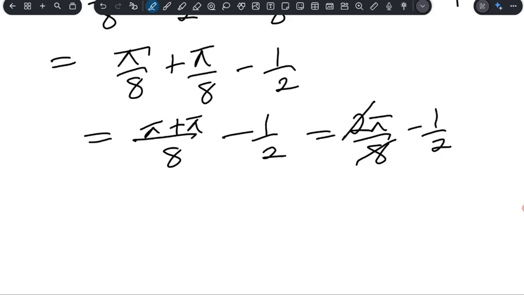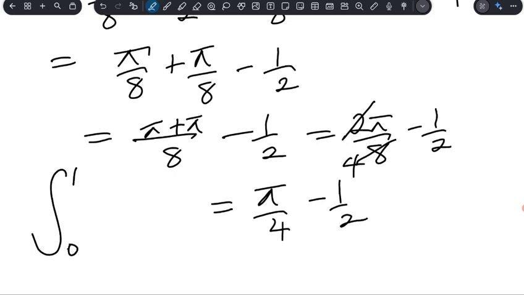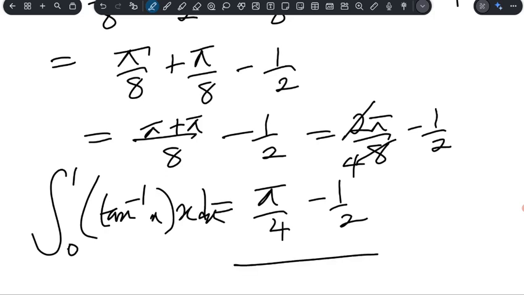So we cancel this, and this gives us 4. The final answer will be pi over 4 minus 1 over 2. So the integral with upper and lower limits of arctan x dx will surely give you pi over 4 minus 1 over 2.